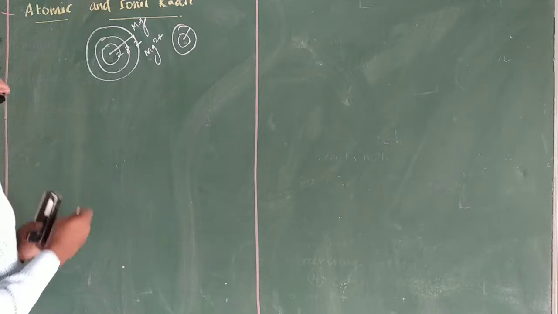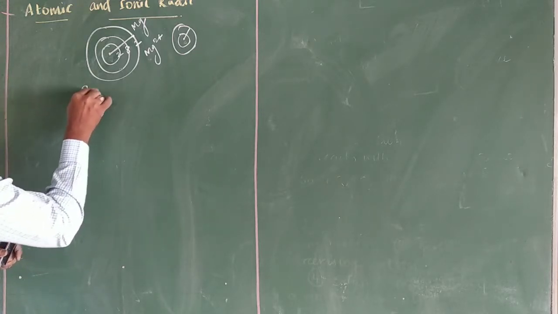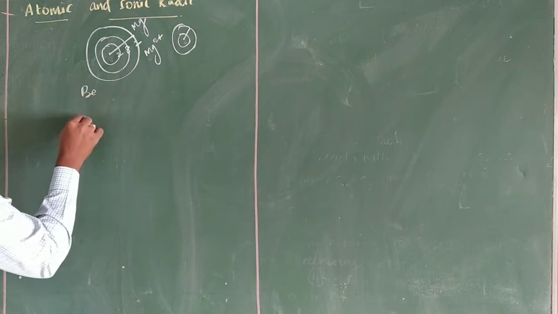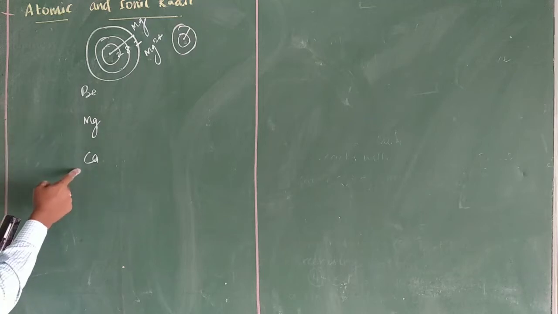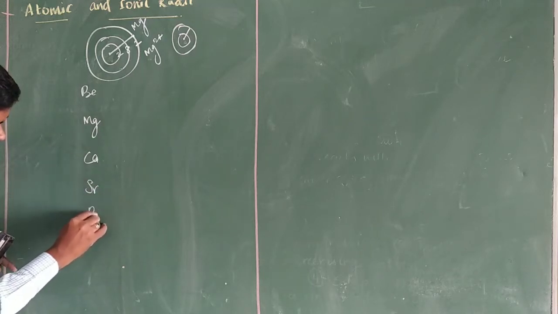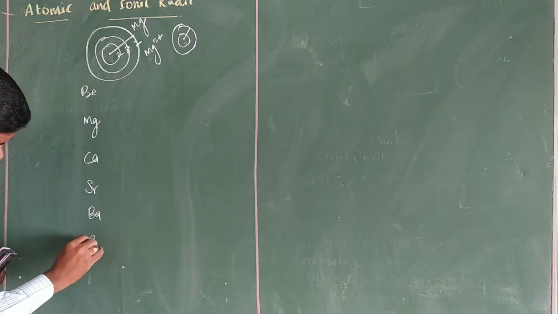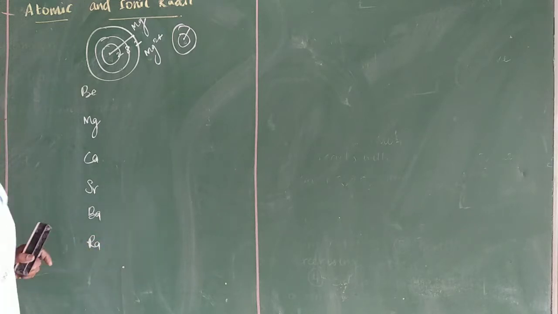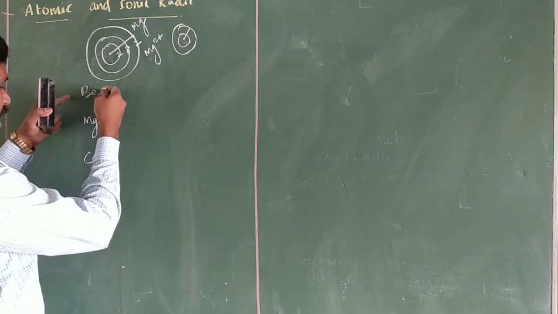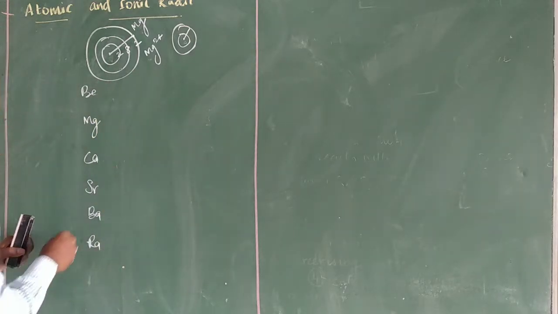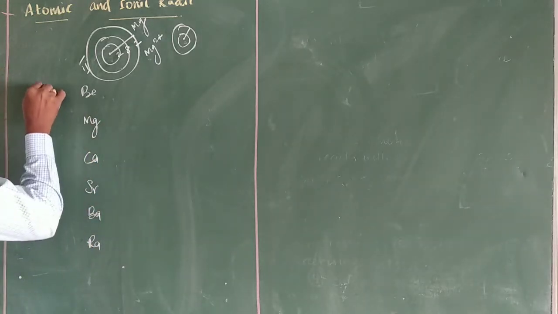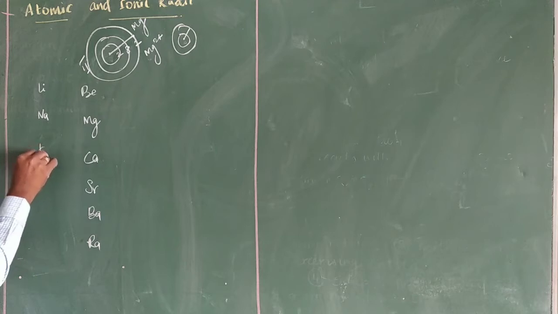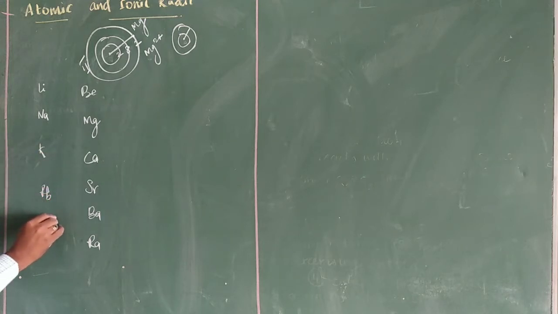So in alkaline earth metals: beryllium, magnesium, calcium, strontium, barium and radium. Let us compare the atomic and ionic radii of alkaline earth metals with the first group elements: lithium, sodium, potassium, rubidium, cesium and francium.